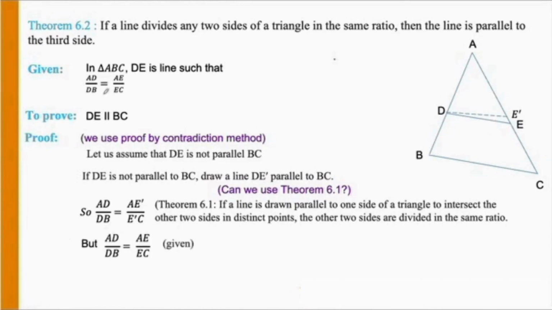But the ratio that is already given to us states that AD upon DB is equal to AE upon EC. It's already given to us in the question.